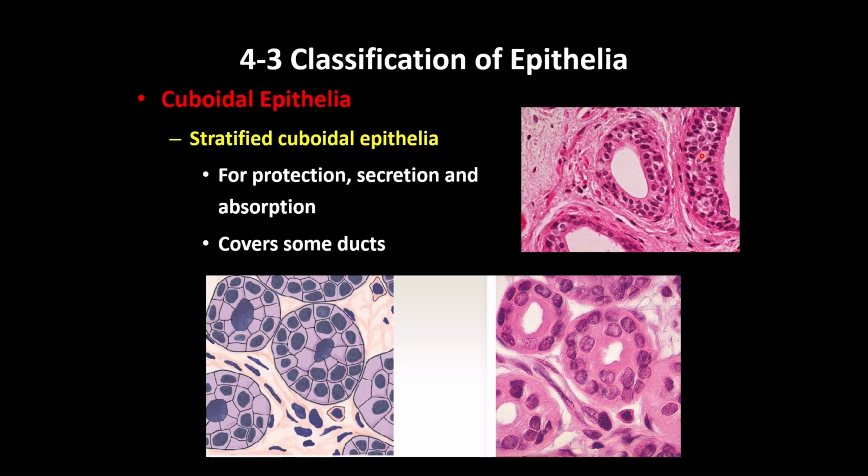So here is multiple layers actually. Here, one layer here, and one layer. It's a little bit more difficult to see. Okay, so it covers some ducts in the body.